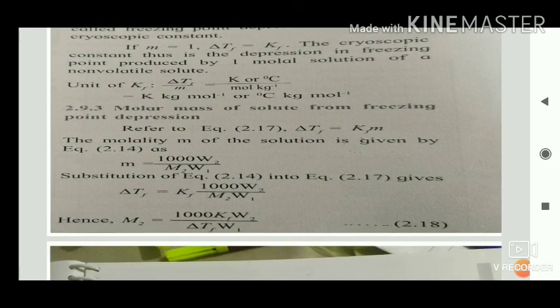Molar mass of solute from freezing point depression. The molality m of the solution is given as m is equal to 1000 W2 divided by M2 W1.